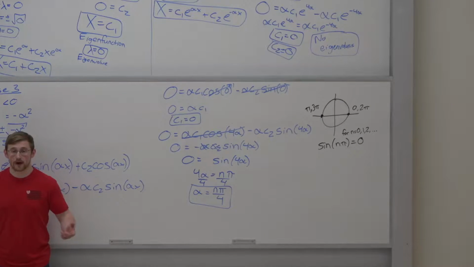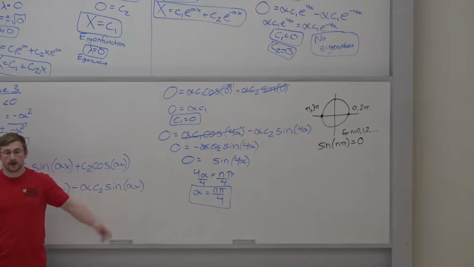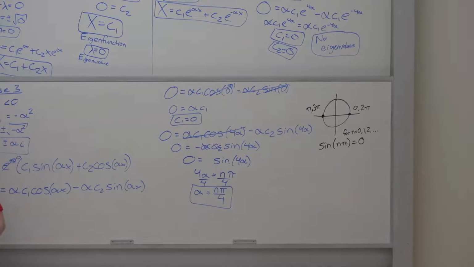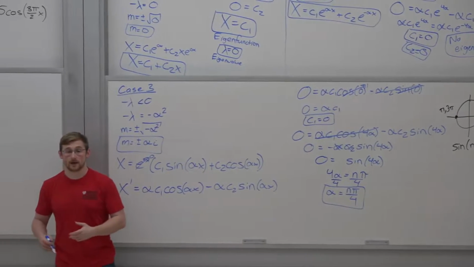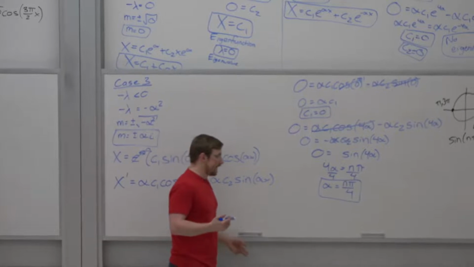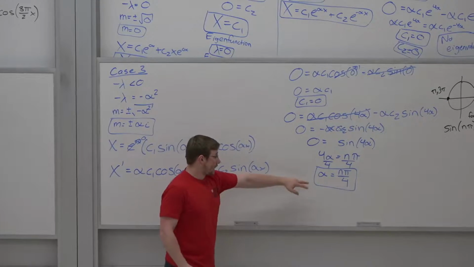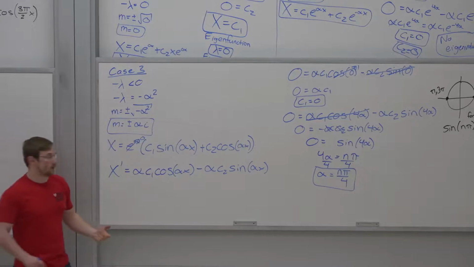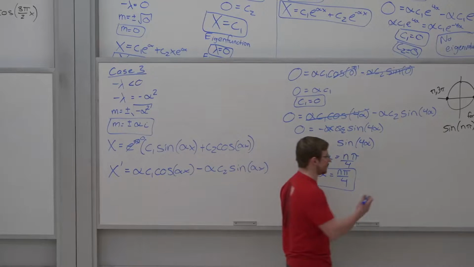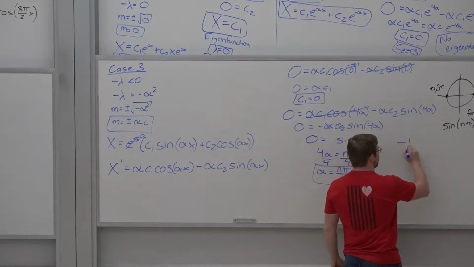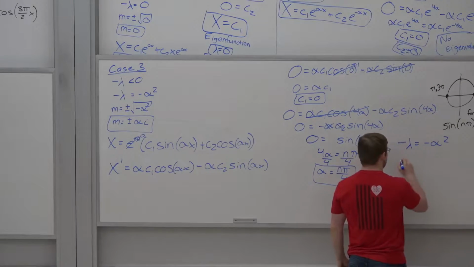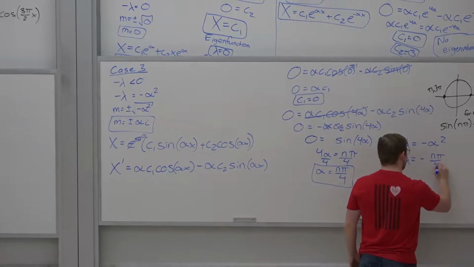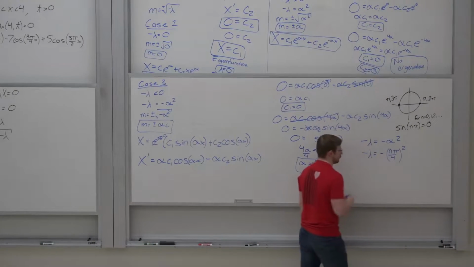But that's great, though I don't care what alpha is. I made up alpha at the start of this problem. I want to know what lambda is. I want to know what my eigenvalues are. So I can just take this and plug it back into the equation where I define the relationship between alpha and lambda. So I can say that negative lambda is equal to negative alpha squared, which means negative lambda is equal to negative n pi over 4 squared.